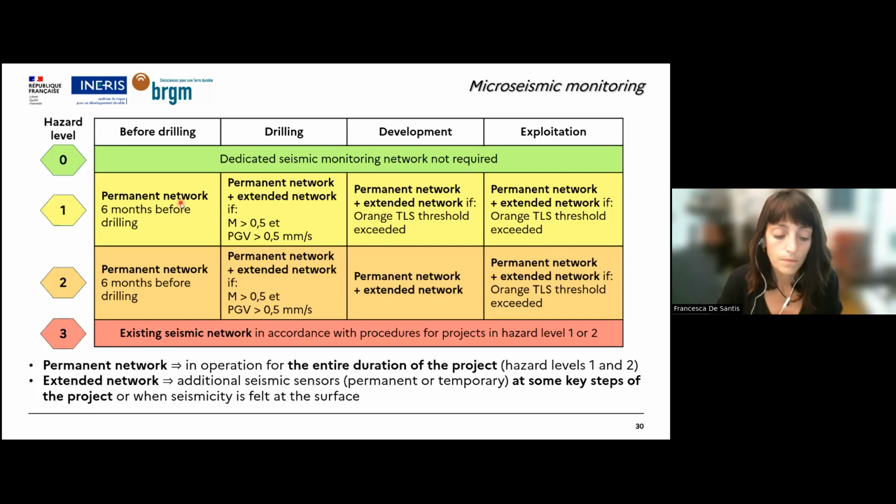So in our proposition, we can have 2 types of seismic networks. So a permanent one, which needs to be installed 6 months before drilling, and in some cases, if the hazard is higher than 1, or in some particular situation, especially if we are applying EGS technologies, we need to implement this permanent network with an extended network.